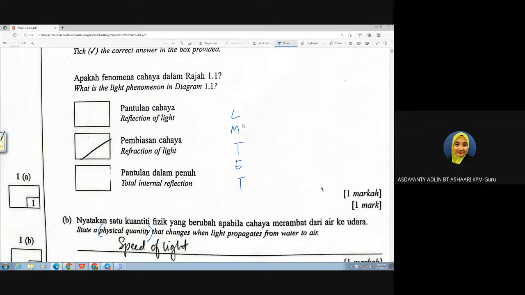Length, mass, time, electric current, absolute temperature, then L, luminous intensity, and A, amount of substance. So LMT, ET, law, LE.